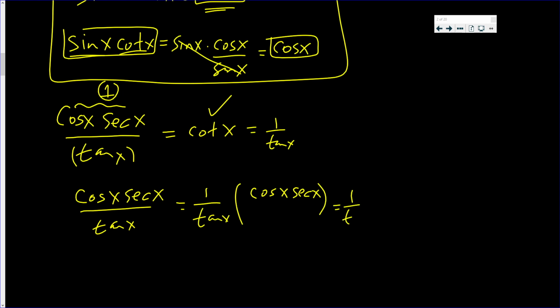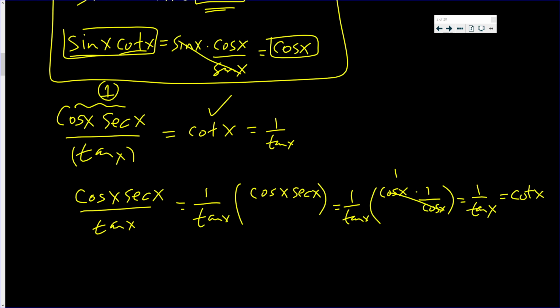So I have 1 over tangent x. Cosine x is cosine x. Secant x is 1 over cosine x. This cancels out. That's 1. So you get 1 over tan x, which is cotangent x.